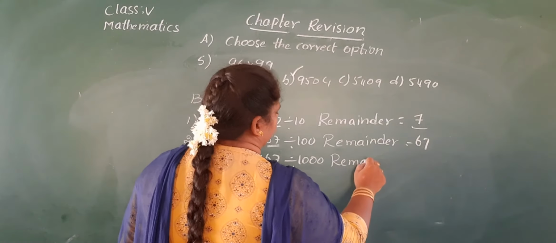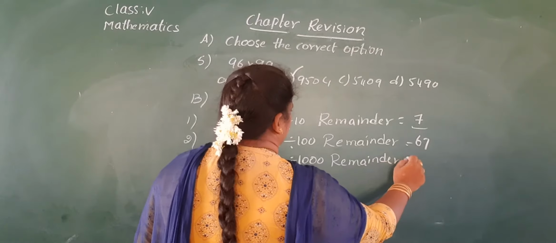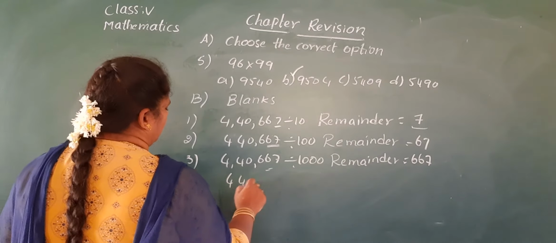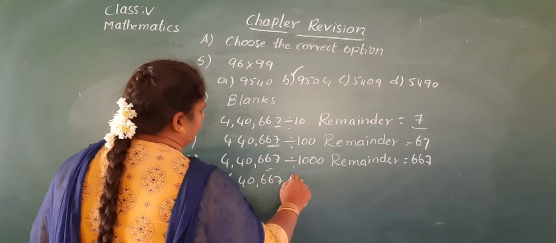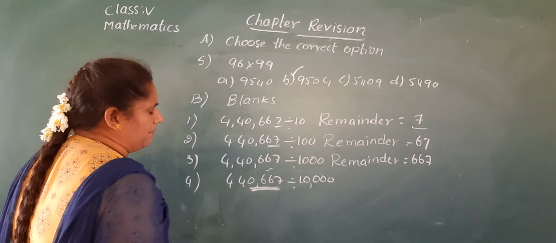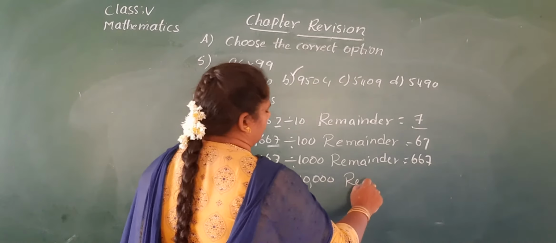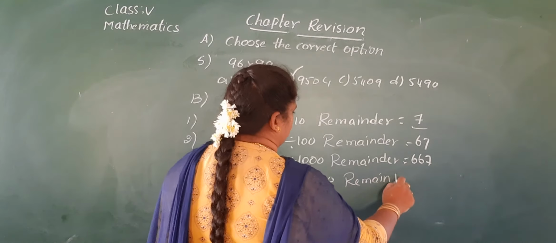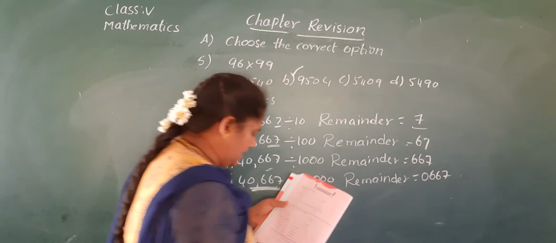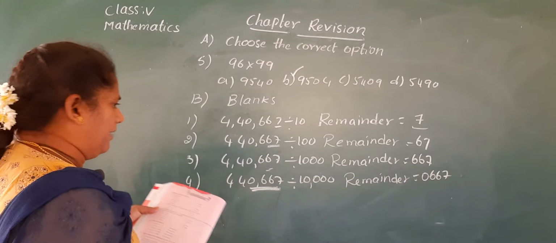Okay. 667. If the number is divided by 10,000, the last four digits become the remainder. Last four digits means 0667. But the left side 0 has no value, but you have to write it, Nana.